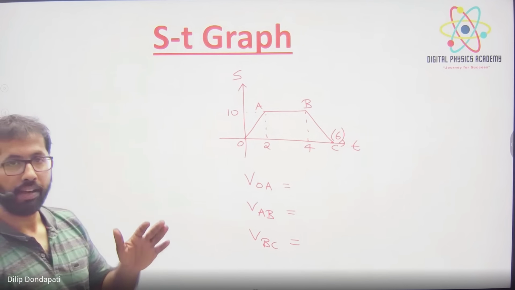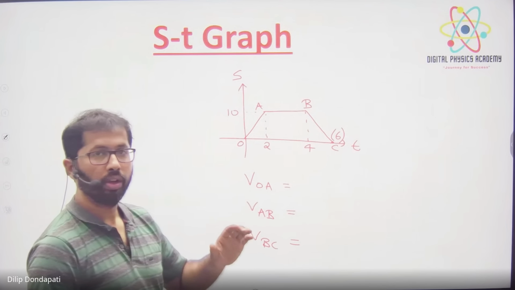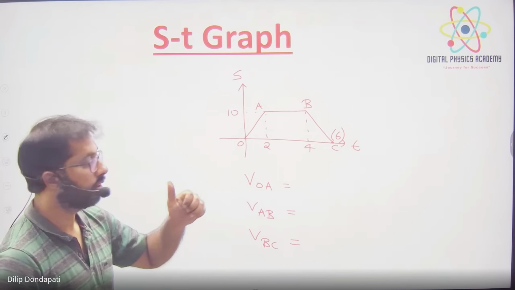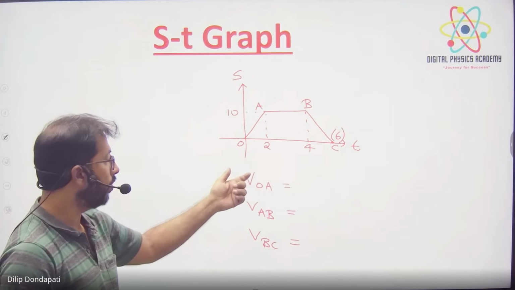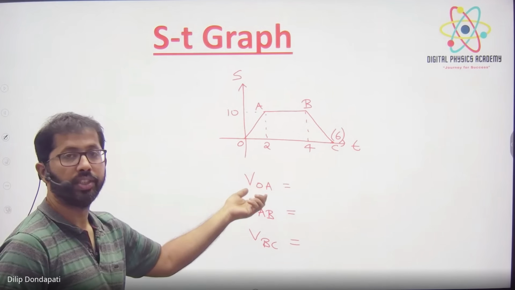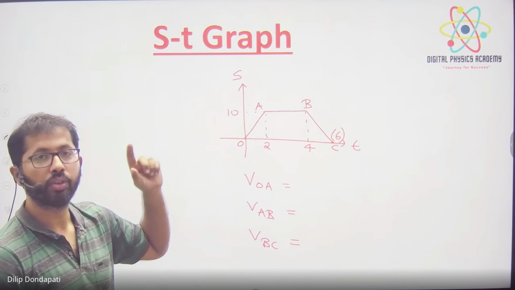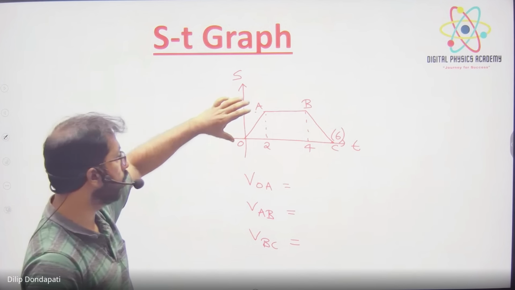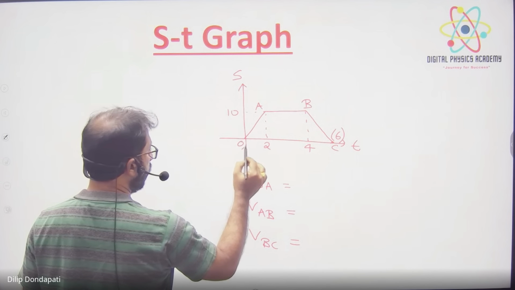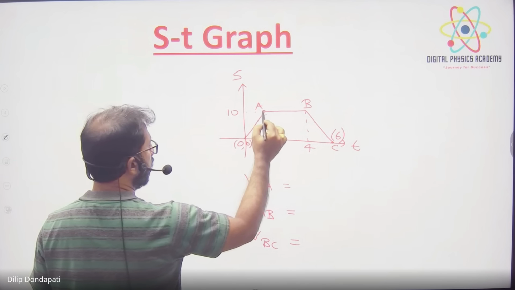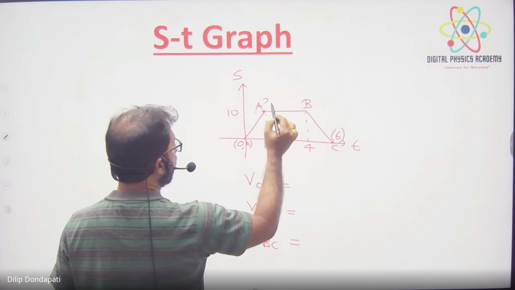So whenever a graph is given, you should be very careful which graph is given. You always check. So it is a displacement time graph. So how to find velocity of each region? We have to find the slope. This is 0, 0. Its coordinates are x is 2, y is 10.